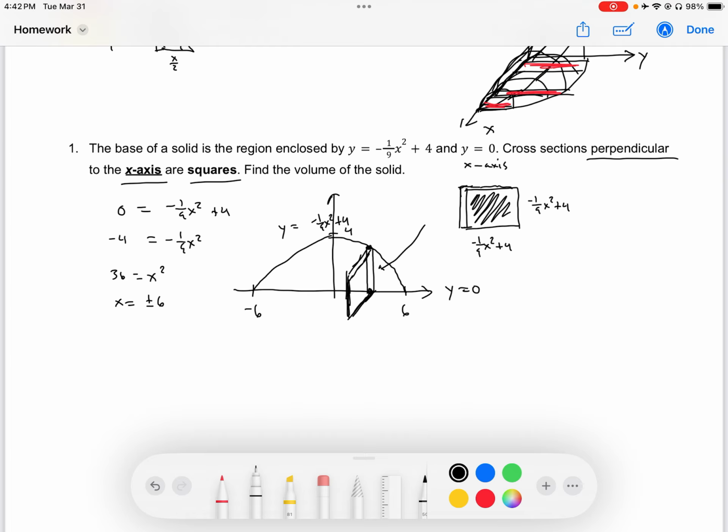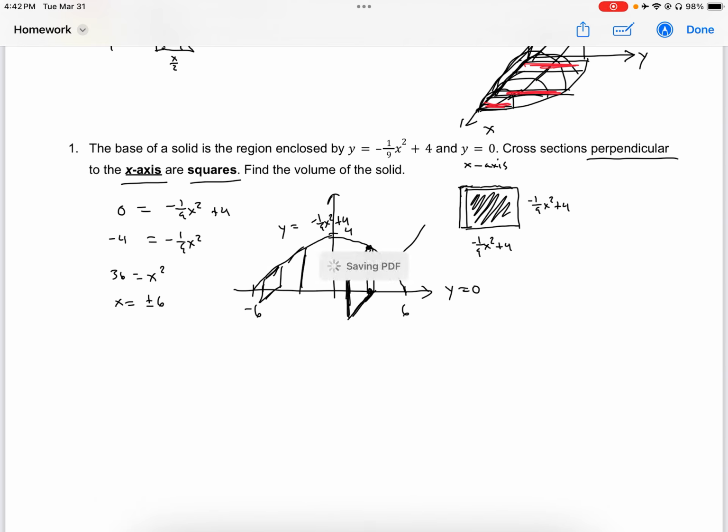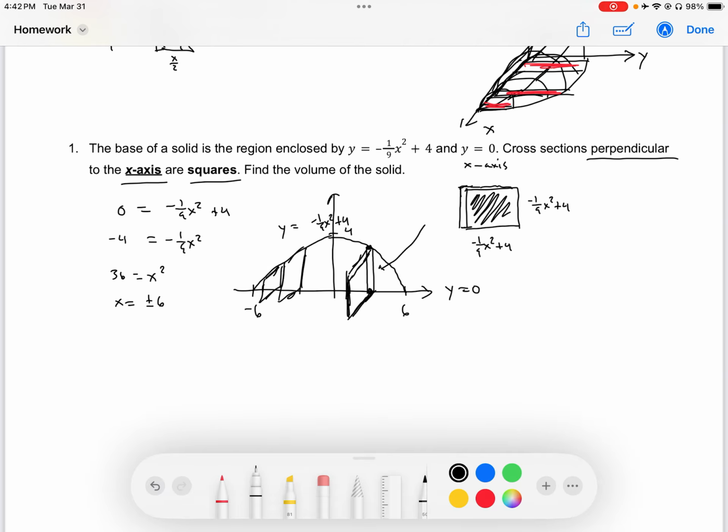And then if we add up all of the squares, from one side to the other, then hopefully we'll get this three-dimensional volume. Okay, so let's see here. The area of this square, A of x, would simply be negative 1/9 x squared plus 4, all squared.